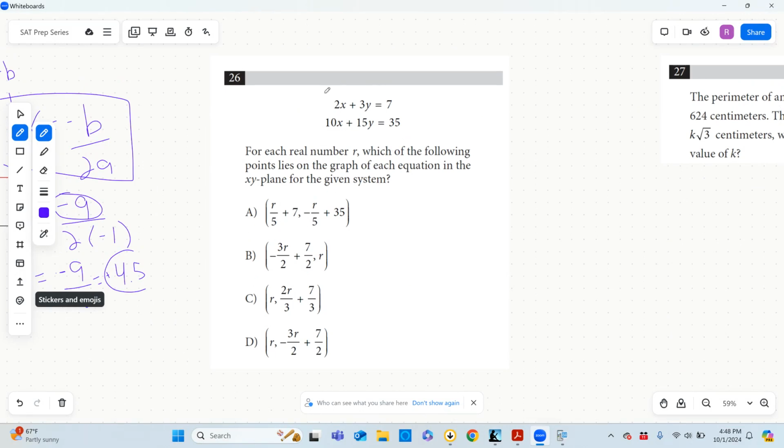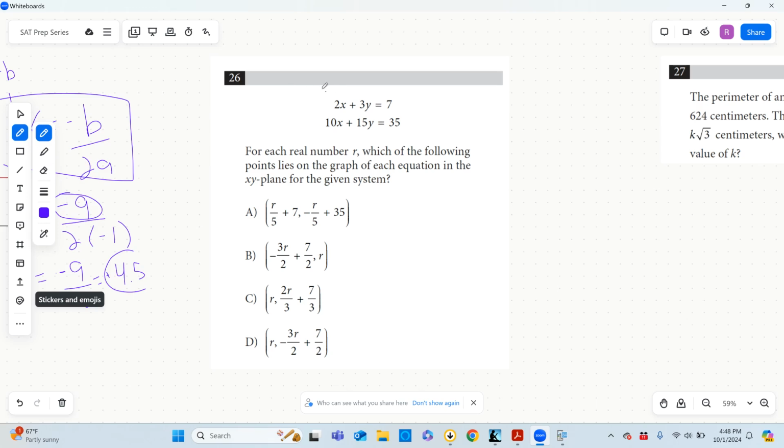Alright. So this one, we have a system of equations. It looks like they're giving us a system of equations, and it says for each real number r, which of the following points lies on the graph of each equation in the xy plane for the given system? Well, the first thing that jumps out at me here, if you were to try and solve this system, and find out, let's say, where these two lines cross, you might want to do something called an elimination.